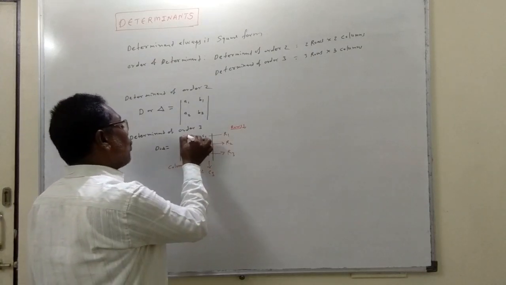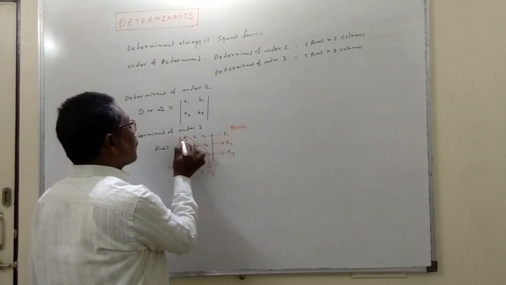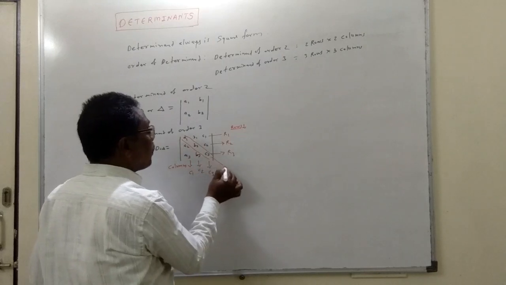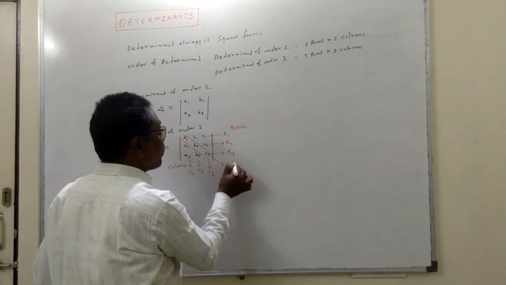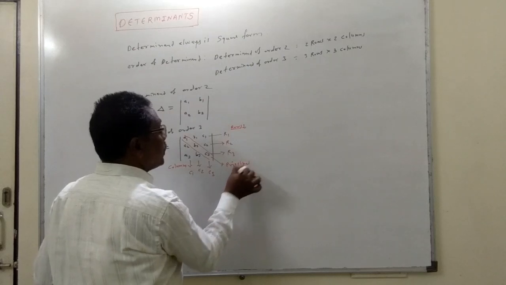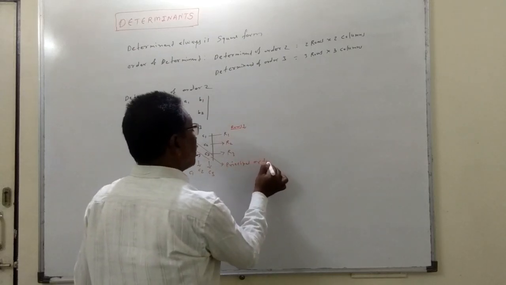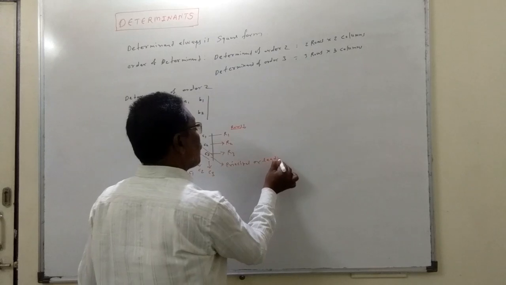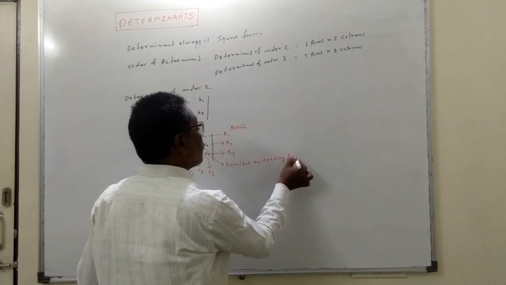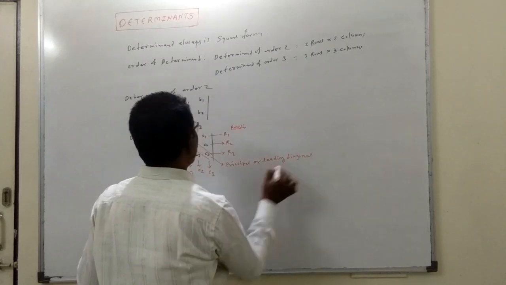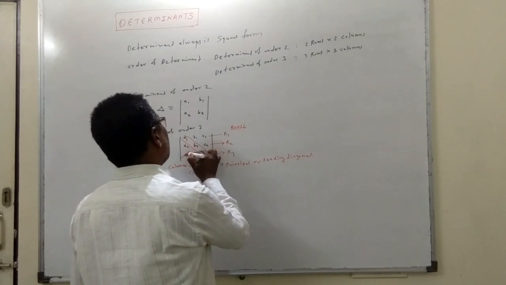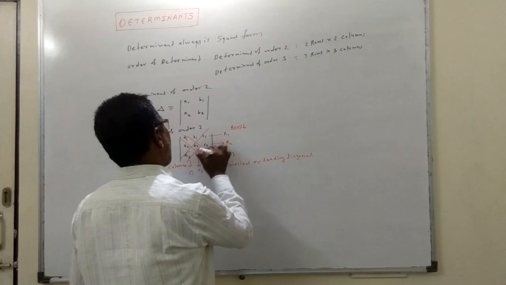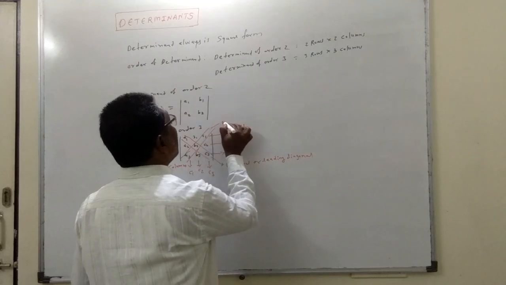Now this diagonal we can say is the principal or leading diagonal. This diagonal is the posterior diagonal.